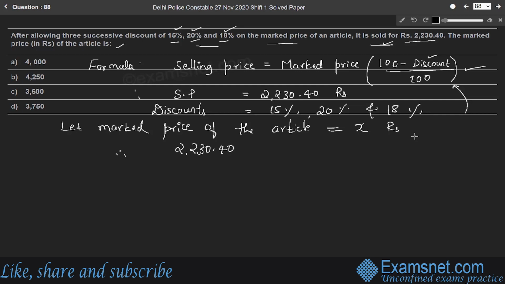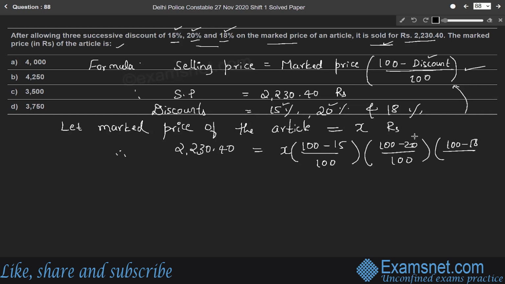2230.40 is equal to market price X, into (100 minus discount 15%) by 100, into second discount 20% by 100, into third discount (100 minus 18) by 100.